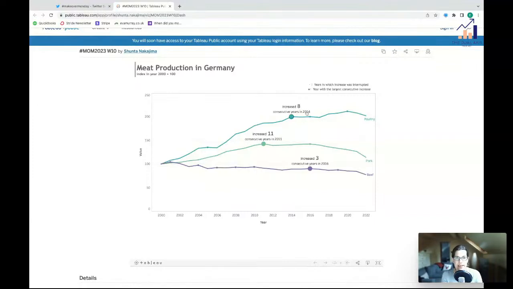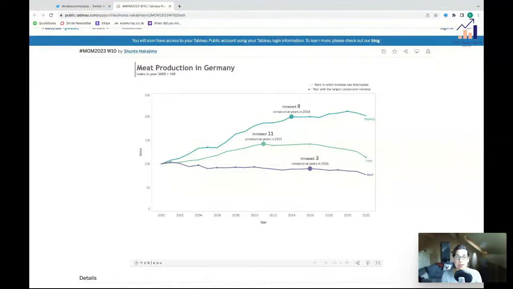I also wonder, what's the relevance of poultry production having increased for 8 consecutive years in 2014? Okay, why should I care? What does this tell me about meat production in Germany? What does this tell me about meat consumption? There's a clear trend that the consumption of beef is going down. The consumption of pork, while it initially increases, also seems to be going down.